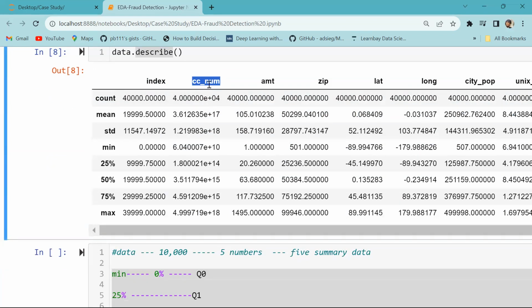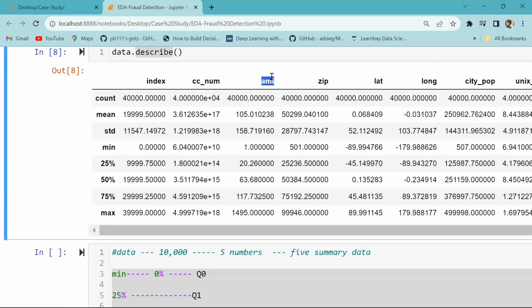CC number means credit card number. No two different customers have the same credit card number, right? It is impossible.